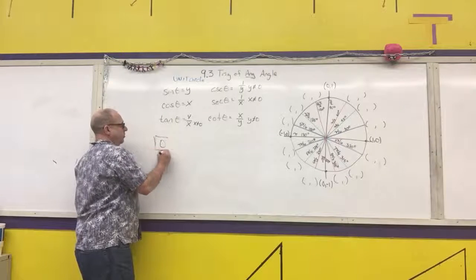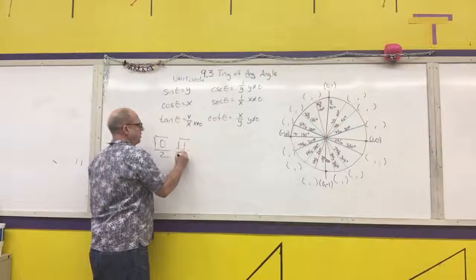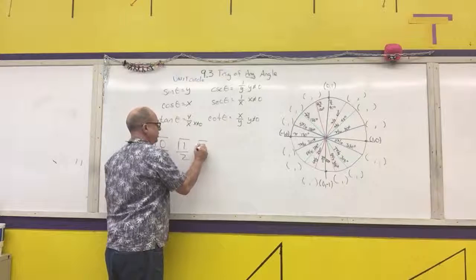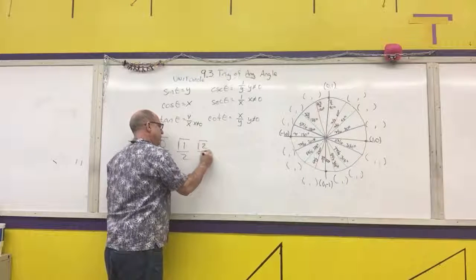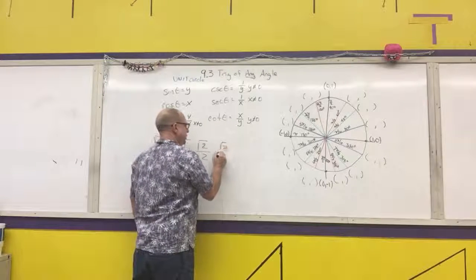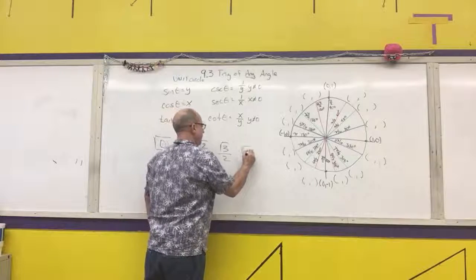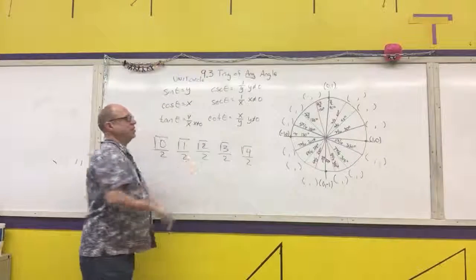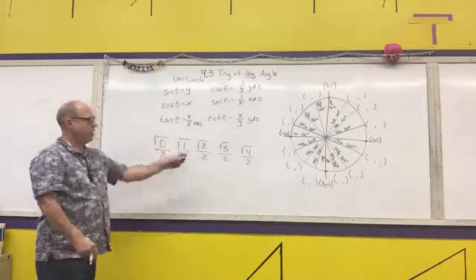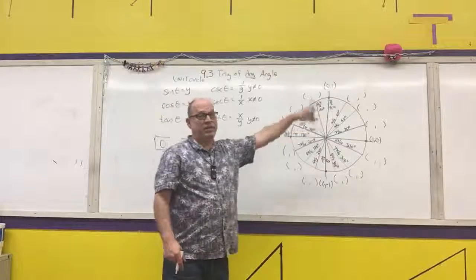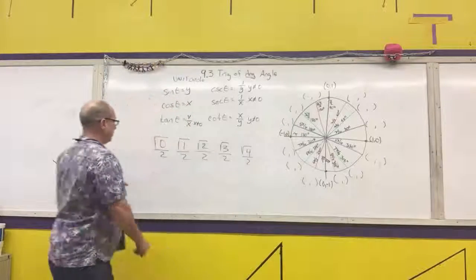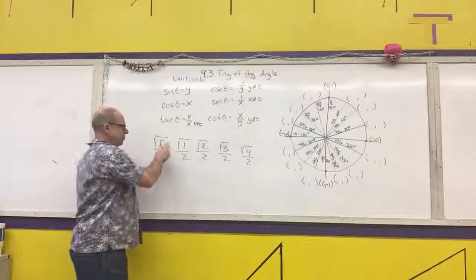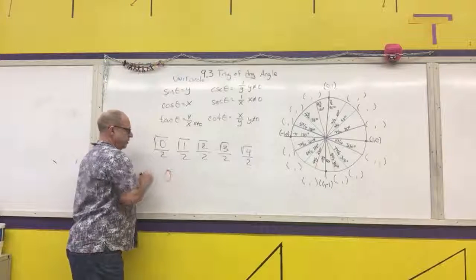Square root of 0 over 2, square root of 1 over 2, square root of 2 over 2, square root of 3 over 2, and the square root of 4 over 2. These are the numbers that we're going to fill in everywhere for these coordinates. We're going to simplify these. Well, what's the square root of 0? 0. 0 over 2 is 0.